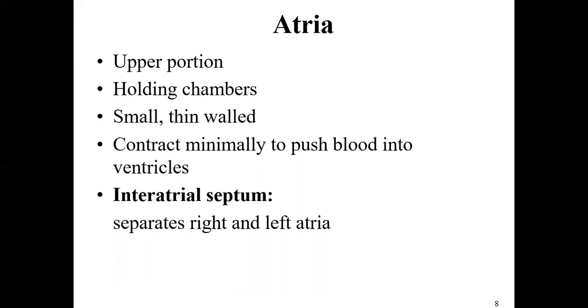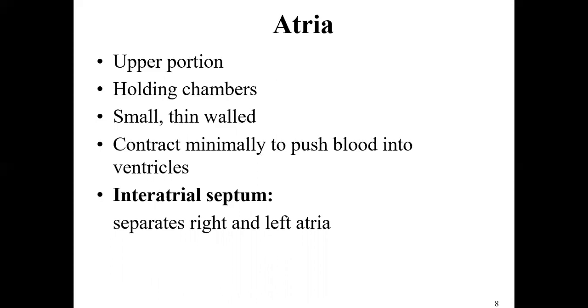So blood coming back to the heart, whether it's coming back from the lungs or the body itself, is going to go to the atria first. They're relatively small chambers and relatively thin-walled. In other words, their muscle layer is relatively thin. And so they don't need a lot of muscular power, so they contract minimally, because whenever they contract, they're just sending blood down to the ventricles. And so they don't have very far to send the blood.